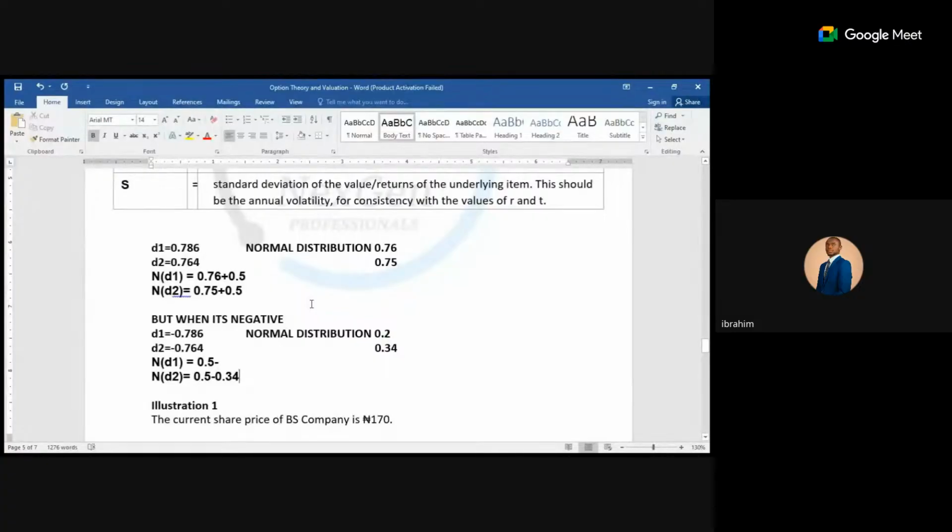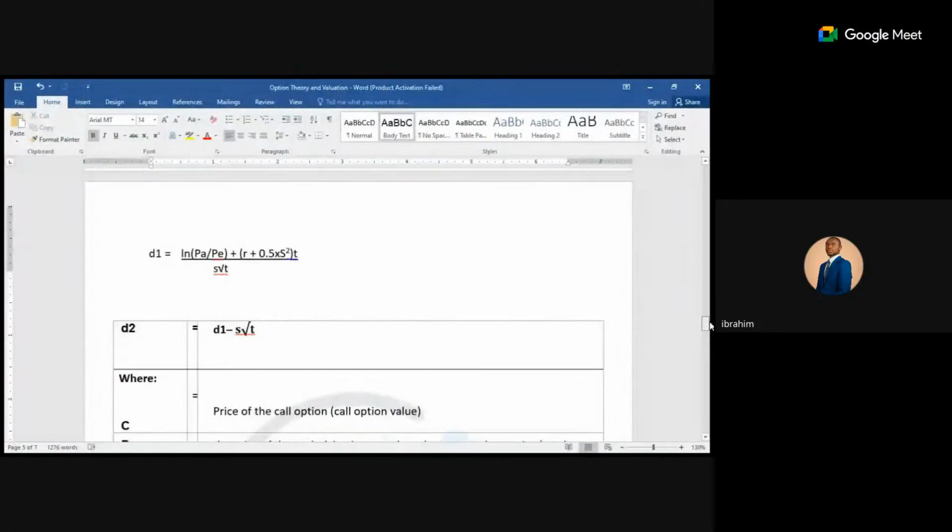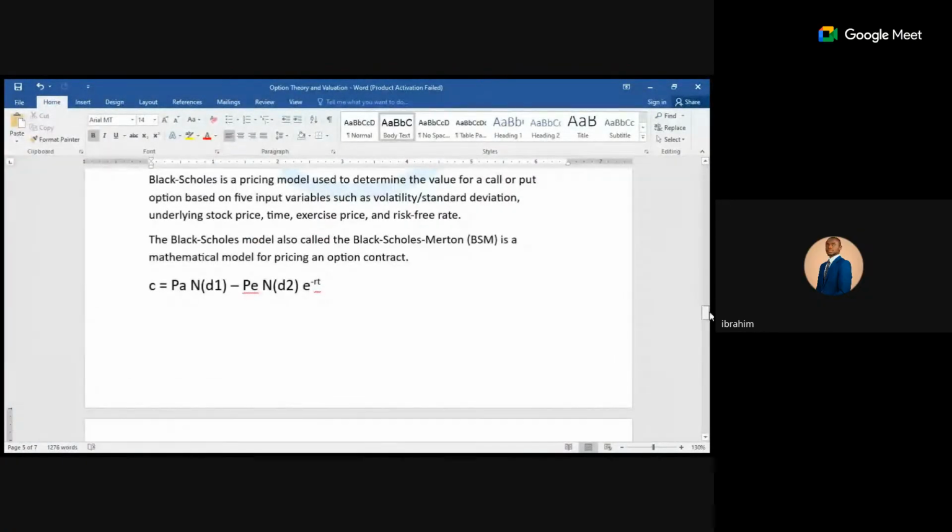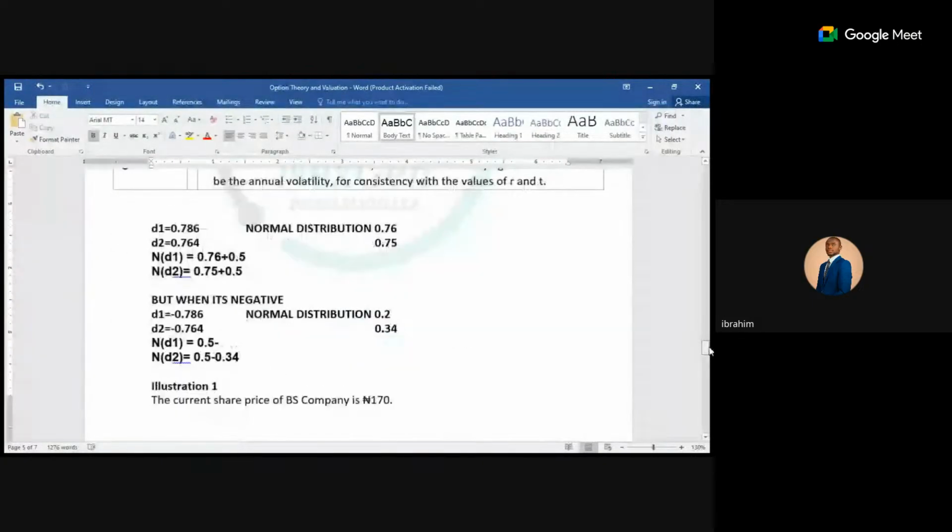When your D1 is positive, you add 0.5 to what you get in the normal distribution. When it is negative, you subtract 0.5 from what you have in your normal distribution table. With that, you will have ND1 and ND2 that you can now bring to these parts here.